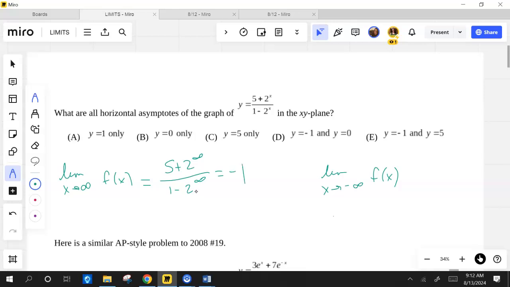Because this is a -2 on the bottom here. So these don't really matter, right? 2 to the infinity is really, really, really big, divided by a negative really, really big. So really big divided by negative really big.